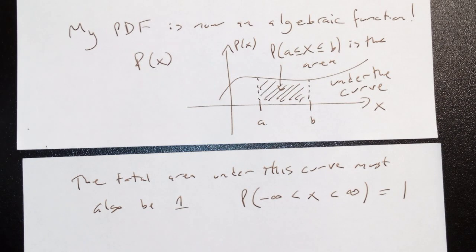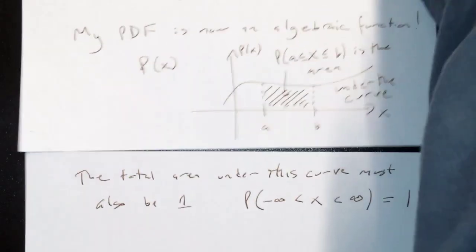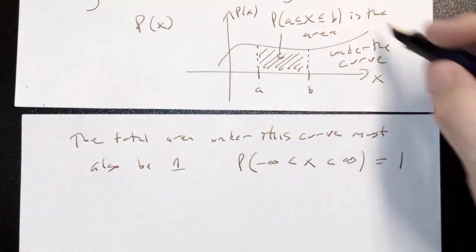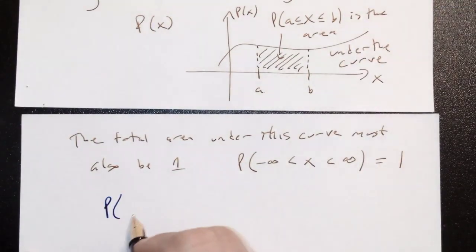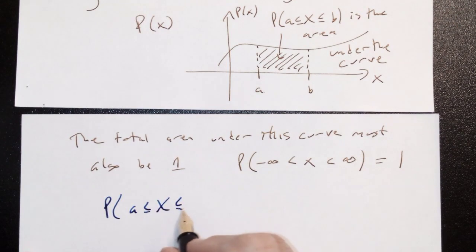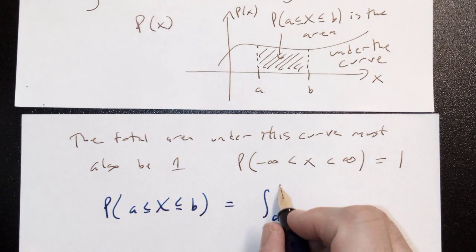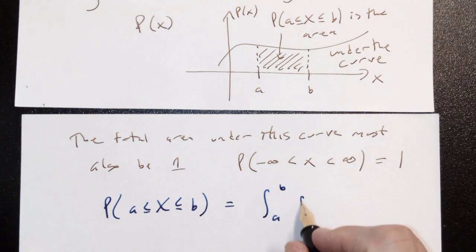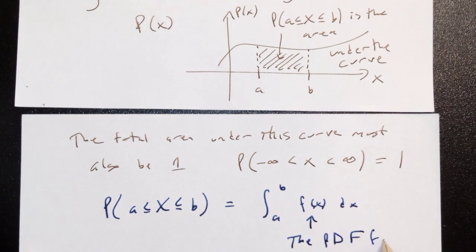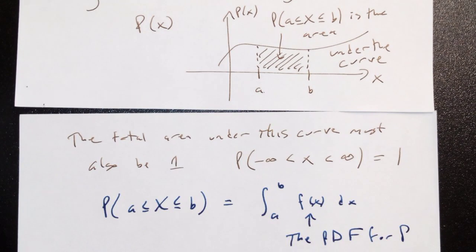In calculus, we use an integral. The area under a curve is the integral from A to B of whatever this function is.